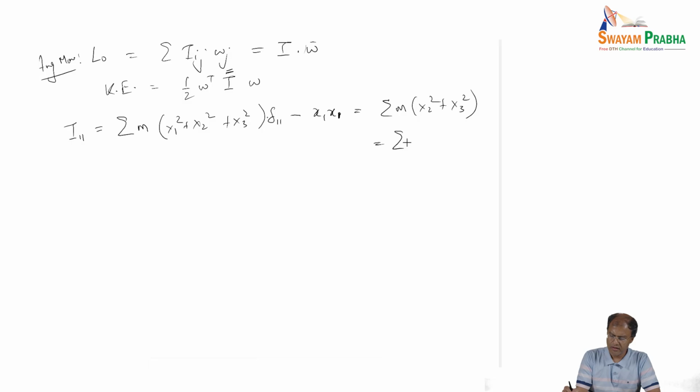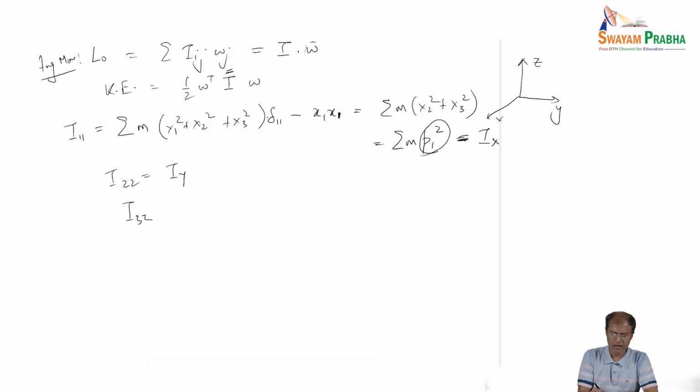So this is summation m p1 square, where p1 is the perpendicular distance from the x1 axis. So this is our Ix, the moment of inertia about the x axis. Similarly, we can see that I22 is Iy and I33 is Iz.